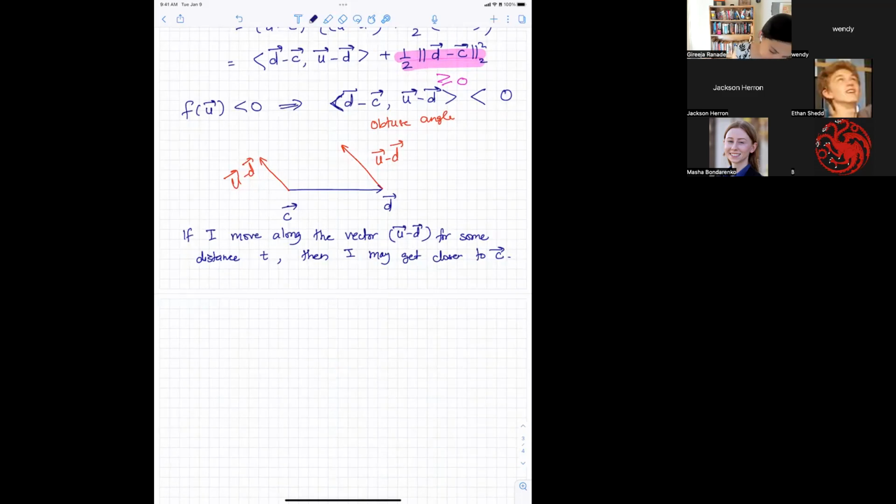So let me consider this point: you start at D and then you move for t units along the vector u minus d.